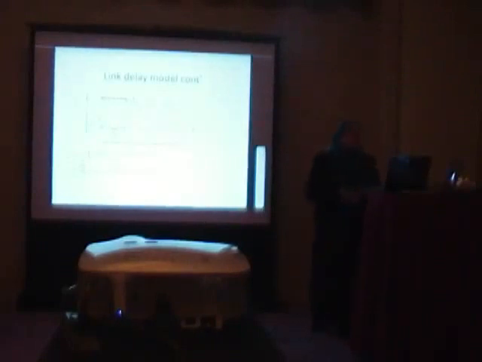So the problem is that variability in the fabrication process will make variability in the dimensions. Variability in the dimensions will make variability in the capacitance and resistance. Variability in the capacitance and resistance will make variability in the delay. That's how we take variability into consideration.